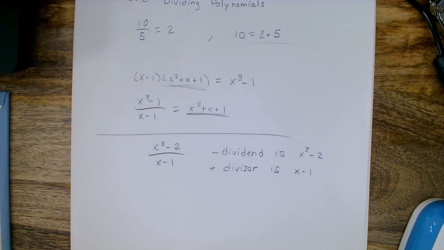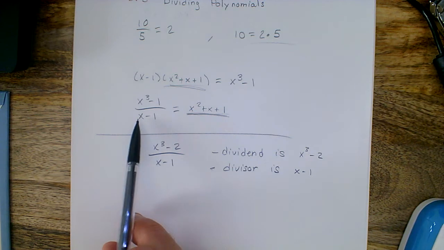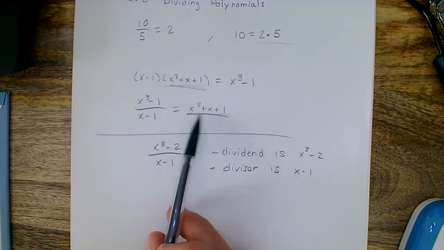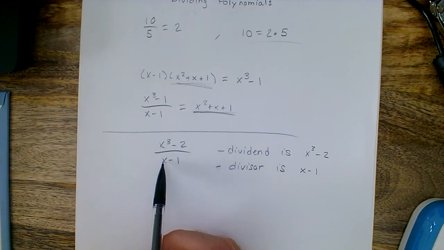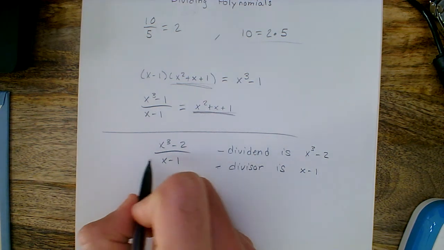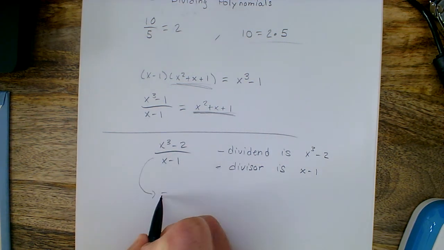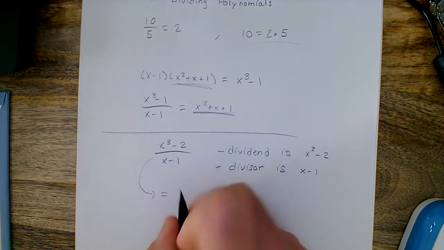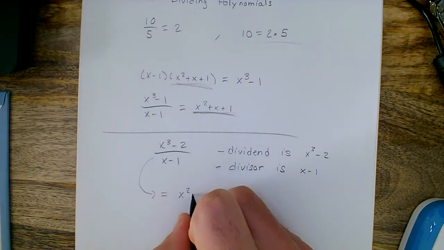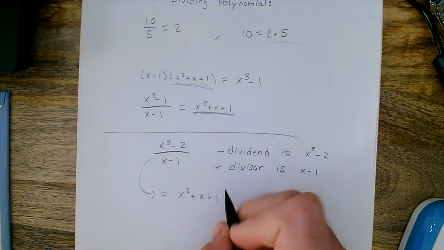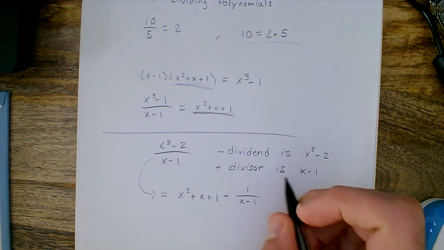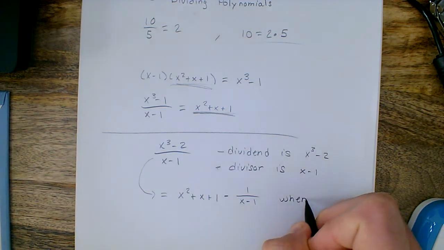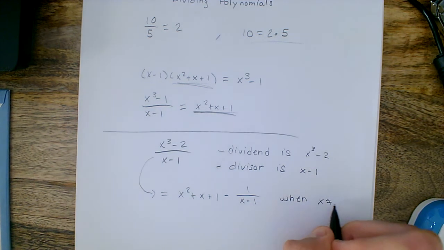Notice how x cubed minus 1 over x minus 1 divides into another polynomial. But if I do x cubed minus 2 over x minus 1, this is actually equal to x squared plus x plus 1, but minus 1 over x minus 1, when x is not equal to 1.